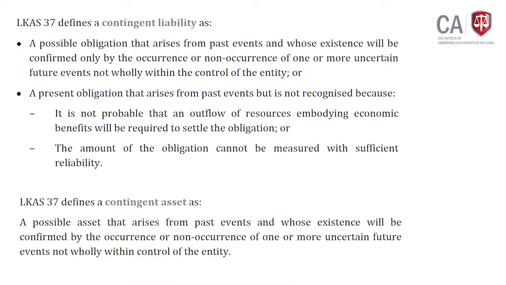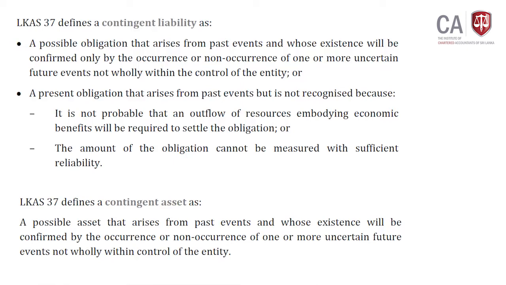Contingent assets: it's a possible asset that arises from past events whose existence will be confirmed by the occurrence or non-occurrence of one or more uncertain future events not wholly within the control of the entity, right? So that receivable is not virtually certain.